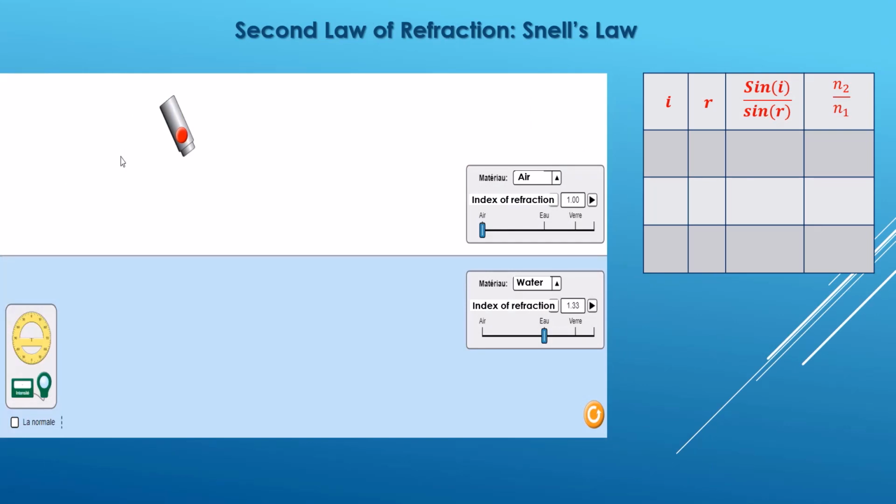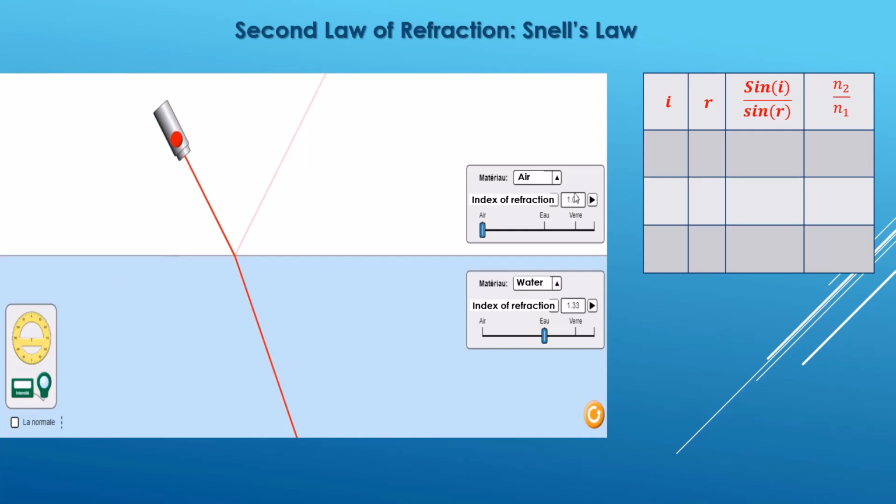Now, let's proceed to the second law of refraction, or what we call Snell's law. In order to investigate this law, we're gonna use a PhET simulation that will help us investigate this law. So we will choose our source of light.